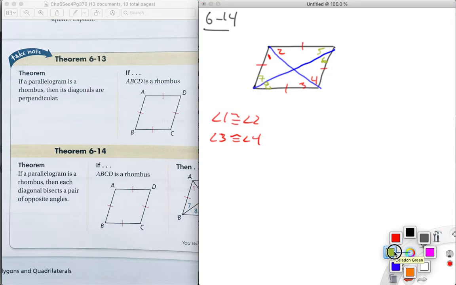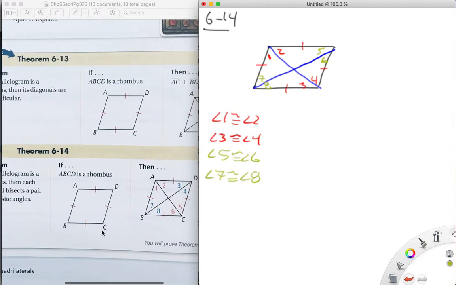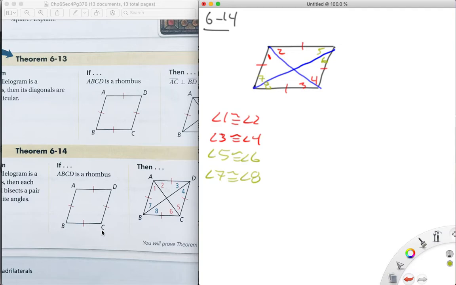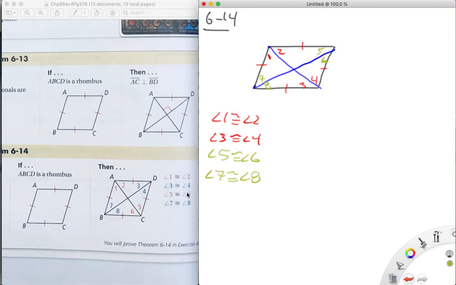Also, angle 5 is congruent to angle 6, and angle 7 is congruent to angle 8. These angles are cut in half, so these guys must be congruent to each other. Alright, if a parallelogram is a rhombus, this is set up a little differently, that's fine. 1 is congruent to 2, 4 and 5 and 6 are congruent, and these guys will be congruent to each other.